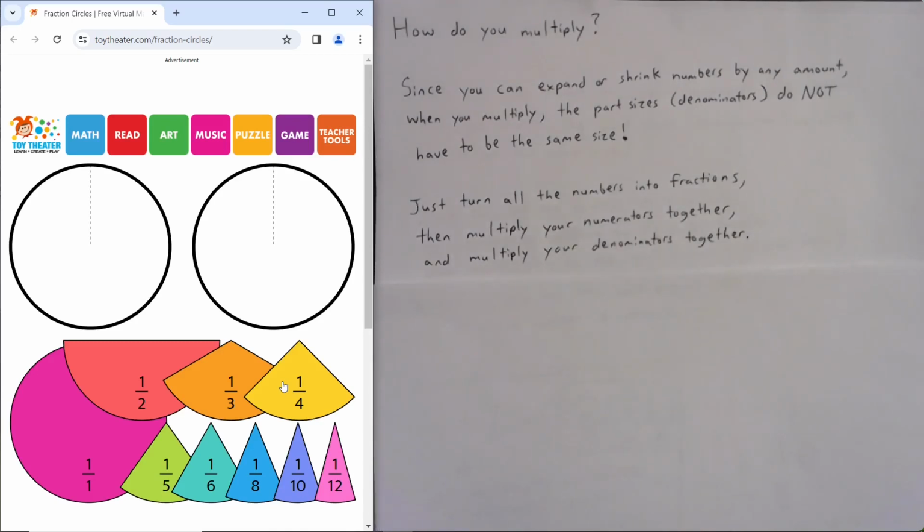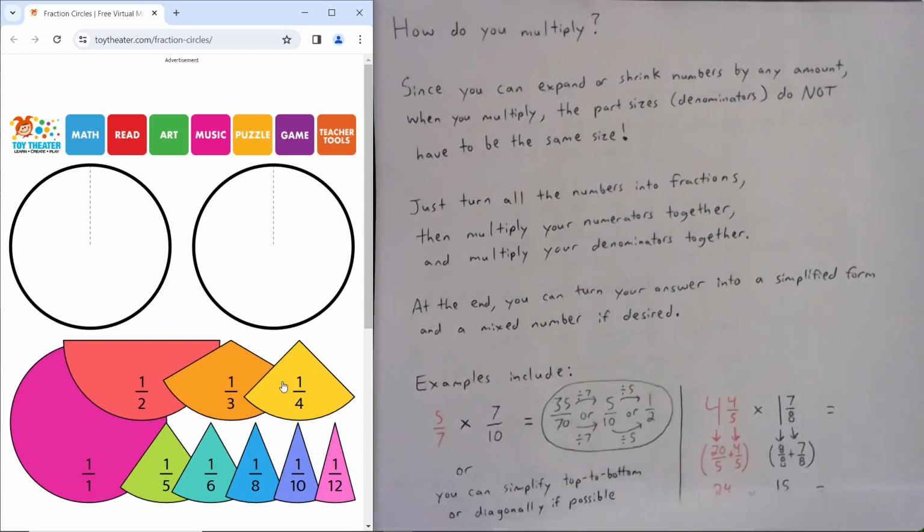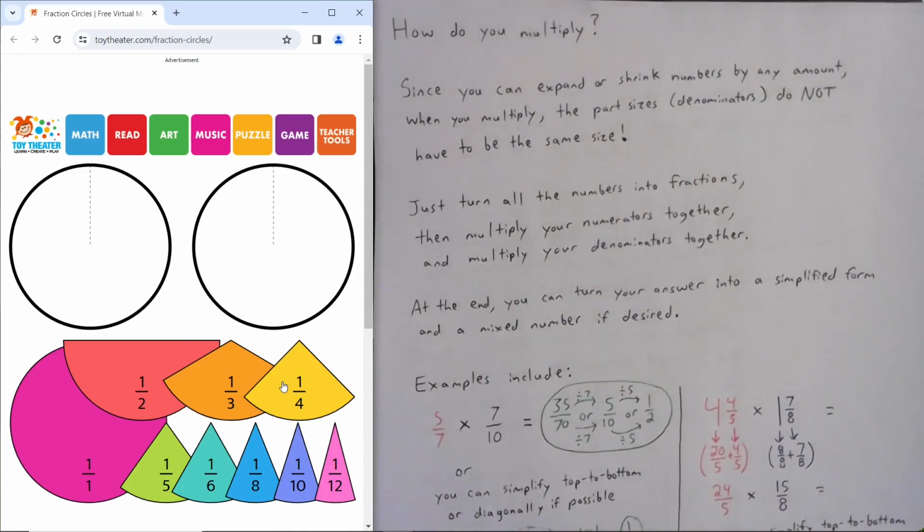Just turn all the numbers into fractions at first, and then you multiply your numerators together, and then you multiply your denominators together. At the end, you can turn your answer into a simplified form and a mixed number if desired by you or your teacher. So let's take a look at what that would look like overall.